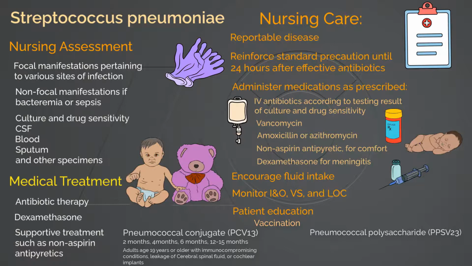All adults aged 65 years or older should receive 1 dose of pneumococcal polysaccharide, regardless if previously gotten one before turning age 65 years. However, the interval between doses of pneumococcal polysaccharide should be at least 5 years apart.